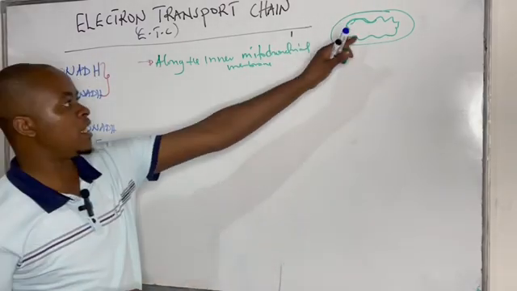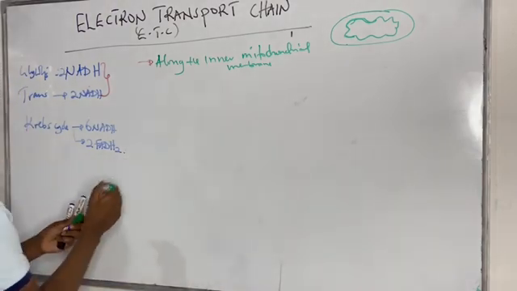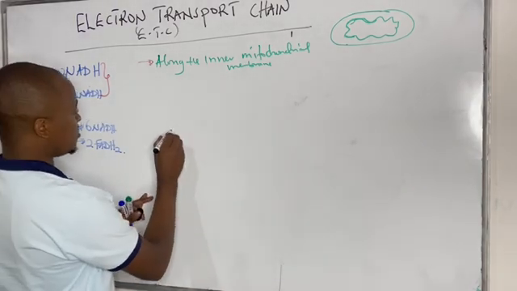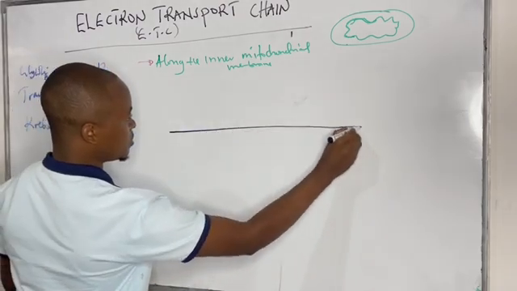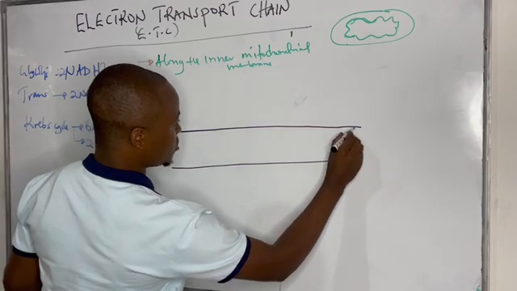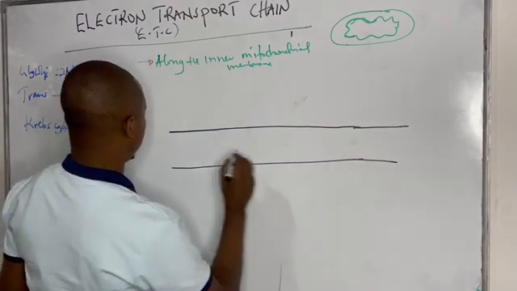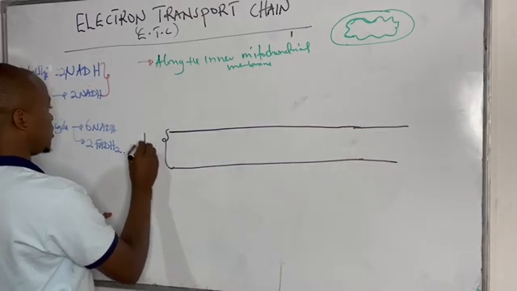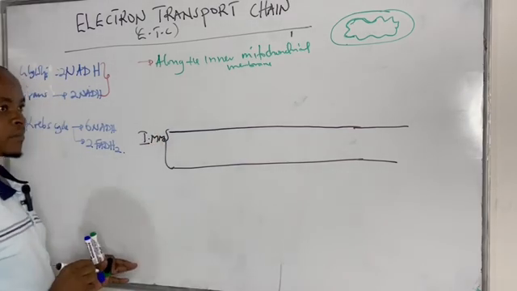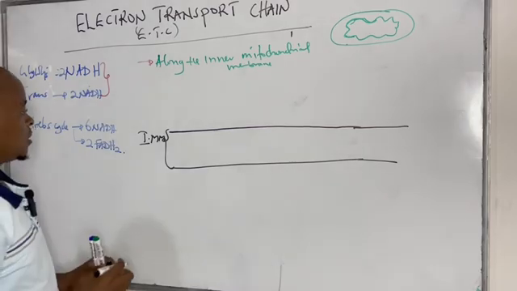So I'm going to enlarge this and draw it here, whereby this is going to be the inner mitochondrial membrane.